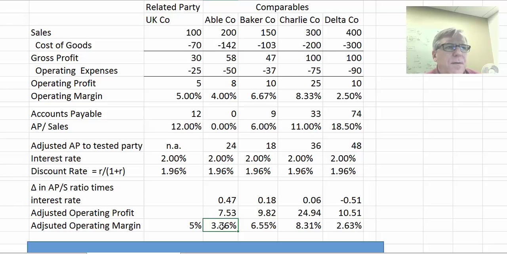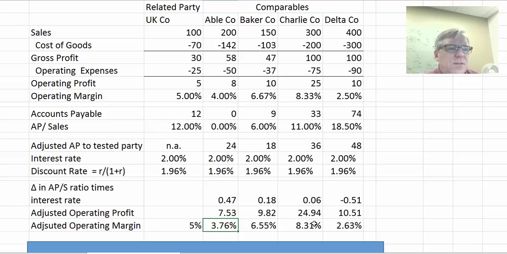It's saying if Able Company, who currently pays cash for everything and therefore gets the rock bottom price, were to now take the same amount of accounts payable that UK Co gets, and UK Co is running about 30 days accounts payable, they would pay a higher cost of goods sold in acquiring those goods, and that would lower their operating margin. So their operating margin comes down to 3.75.